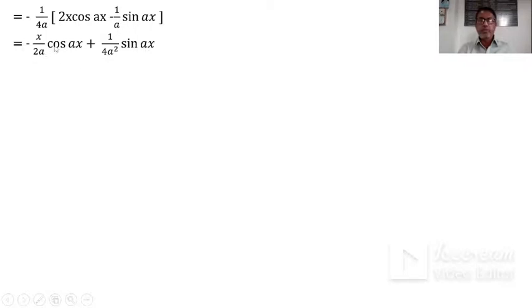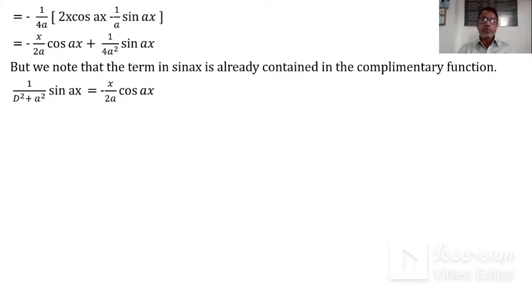Therefore, we obtain the result in the particular integral as what? If we operate 1 upon d square plus a square on sin ax, this is equal to minus x upon 2a cos ax. We obtain this result.